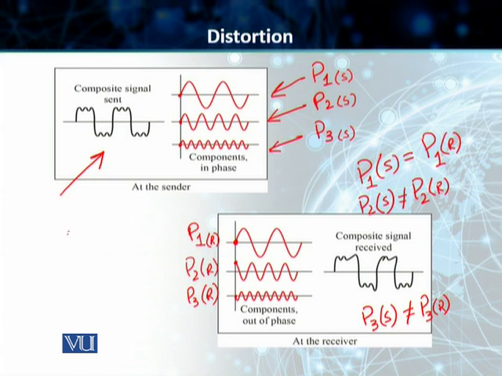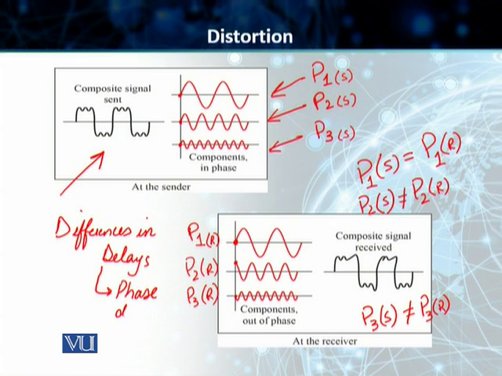Students, these differences in delays ultimately result into differences in phase, and this is called distortion.